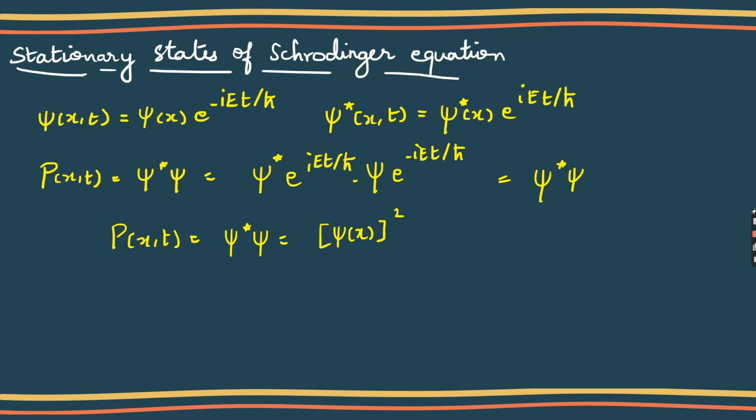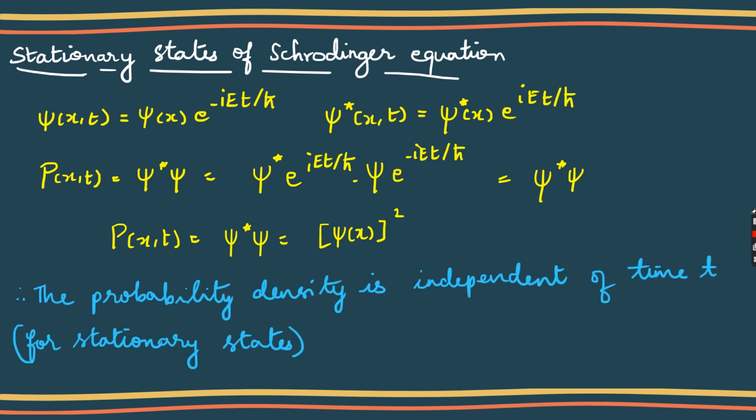You may have MCQs where all the options except one are dependent on t. The one which is independent of t, you can choose as the answer. So for stationary states, the probability will be independent of time. The probability density is independent of time t for a stationary state, an important point to remember.